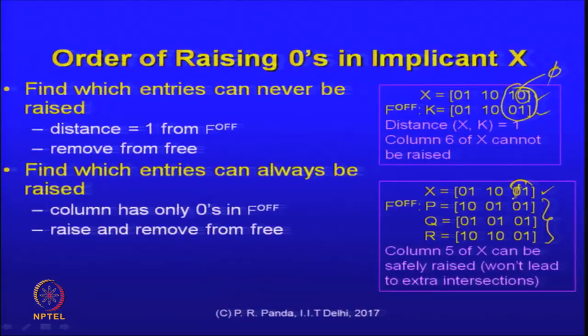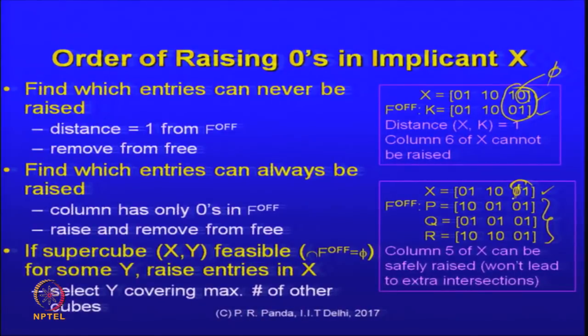These are somewhat trivial sort of cases, but otherwise what we are looking at is, if the supercube of x and y, remember it is obtained by taking the bitwise OR of the two cubes, if it is feasible, feasible means that there is no intersection with the offset.